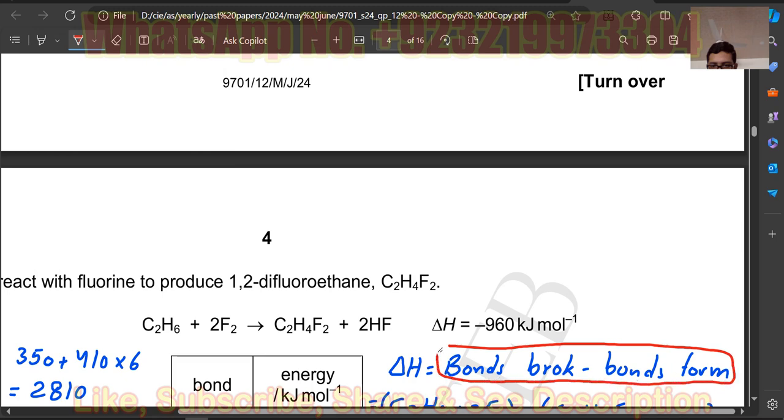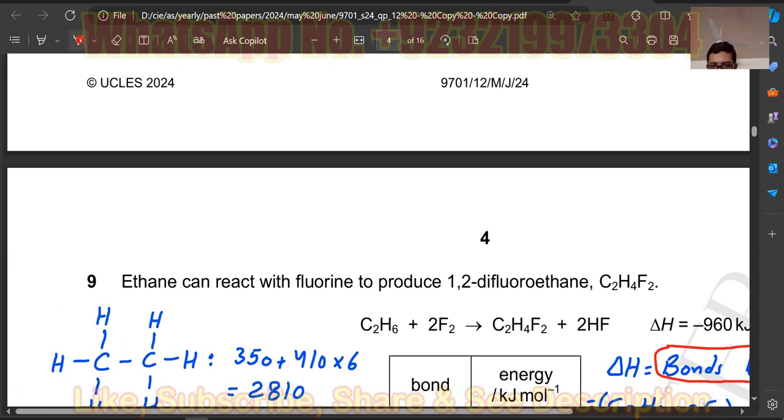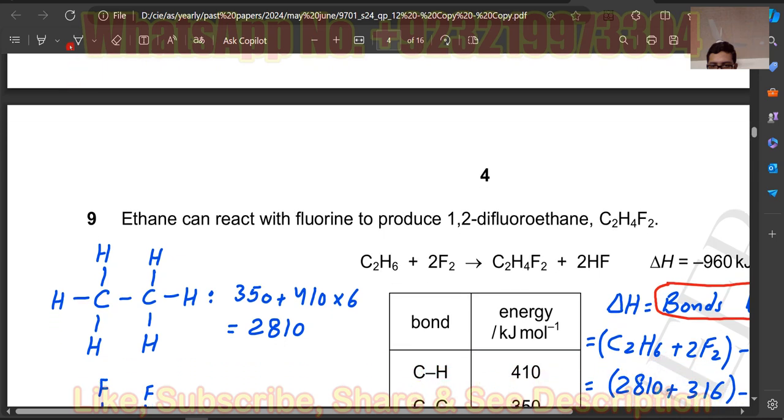This is the simplest formula I always use to find the enthalpy value in the case where the bond energy values of the covalent bonds are given. So we need to find those bonds which are broken and those which are formed. As you know, when the reactants are converted into the products, the bonds of the reactants are broken, whereas the bonds of the products are formed. These are always formed. So we need to do the calculations in terms of the bond values.